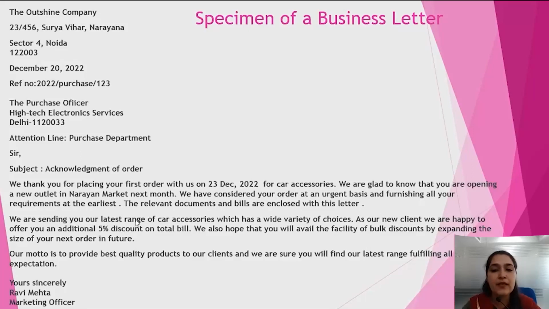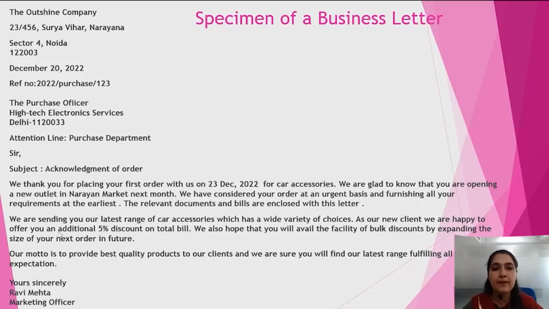We are sending you our latest range of car accessories which have a wide variety of choices. As a new client, we are happy to offer you an additional 5% discount on total bill. We also hope that you will avail the facility of bulk discounts by expanding the size of your next order in future.